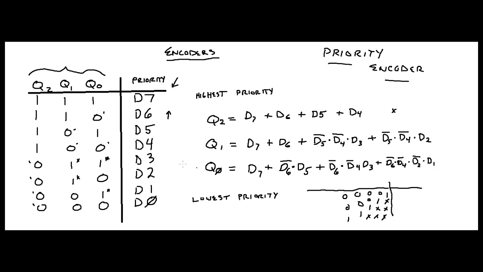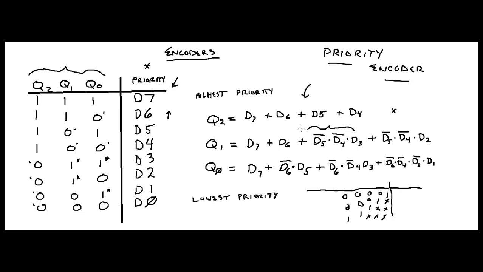Now, if someone decides to change the encoder priority right here, and if you're making your own encoder, you can, because those are circuits, aren't they? These are OR gates, right? D7 ORed with D6, ORed with D5, ORed with D4, and these here are AND gates with some inverted inputs.